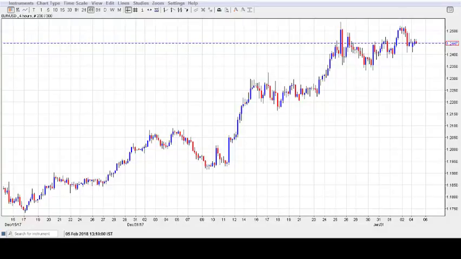Watch out for bullish divergence. There's no sign of a bullish divergence right now, but maybe the histograms are showing a bullish divergence, though not to be seen on the RSI at this point in time. Watch out for these oscillators as well.